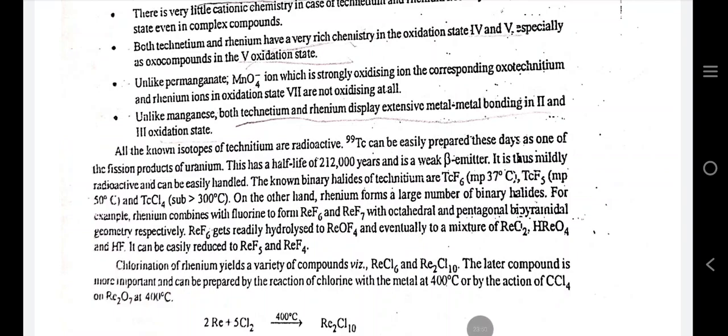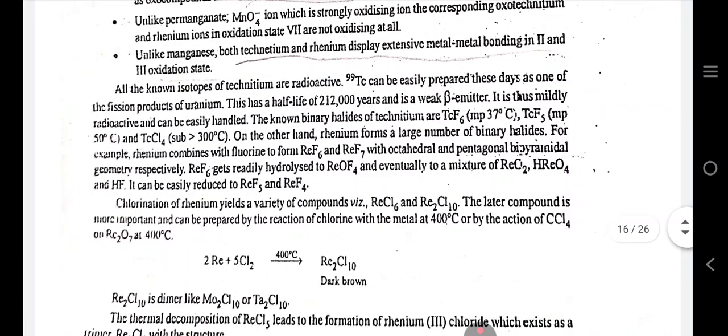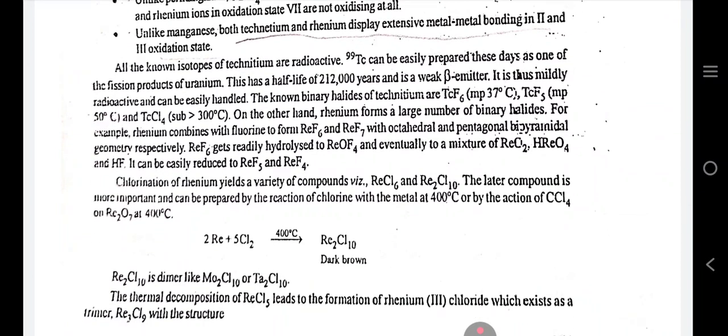Unlike permanganate ion, which is a strongly oxidizing ion, the corresponding oxotechnetium and rhenium ions are not oxidizing at all. Unlike manganese, both technetium and rhenium display extensive metal-metal bonding in the second and third oxidation states.